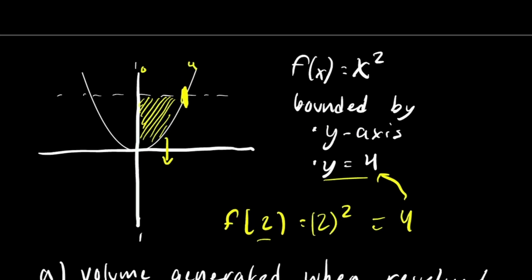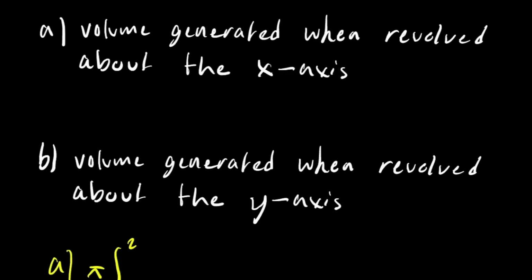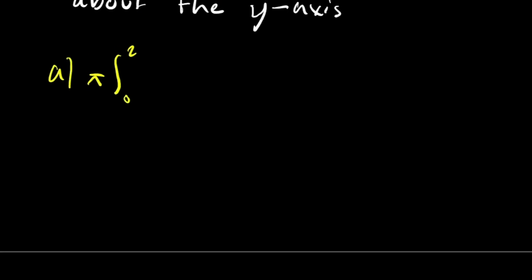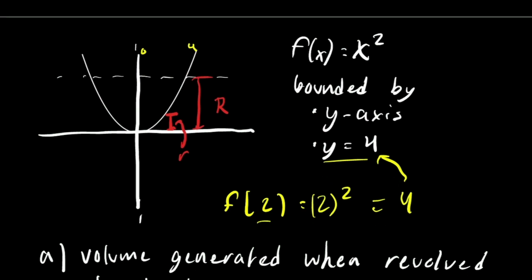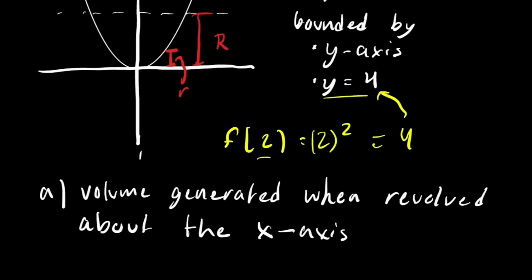So again, we have a hole, this distance, and this distance. So our big R is from here to here, right? So that's actually just y equals 4. So we can do 4 squared minus little r squared. It's x squared, that distance right there.